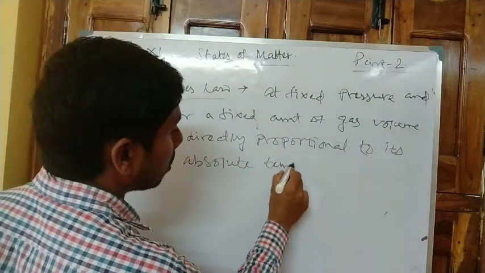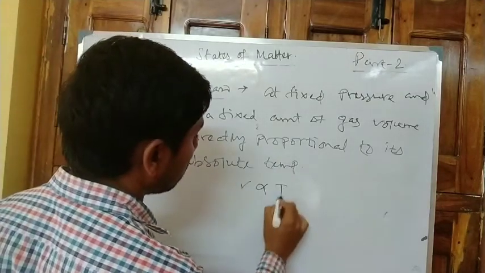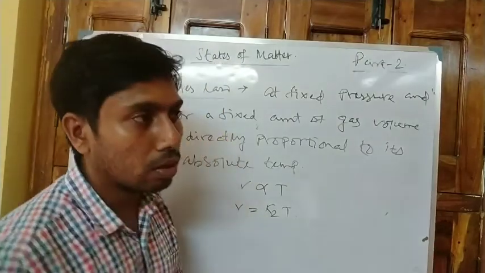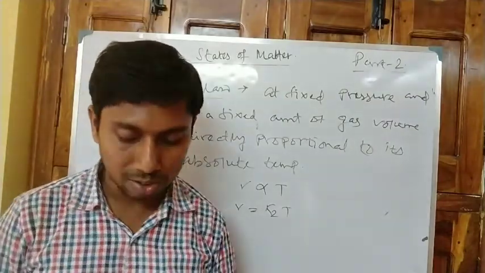It is the statement of Charles' law. From there, V varies as T and V equals K2T, and by using these two rules we can easily explain Charles' law.